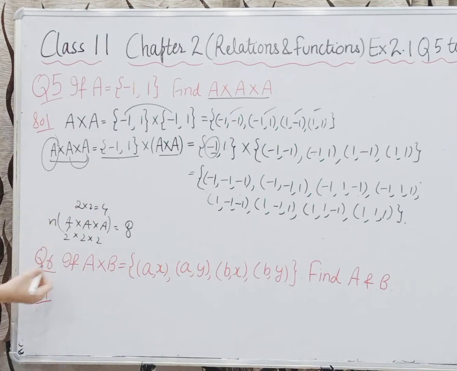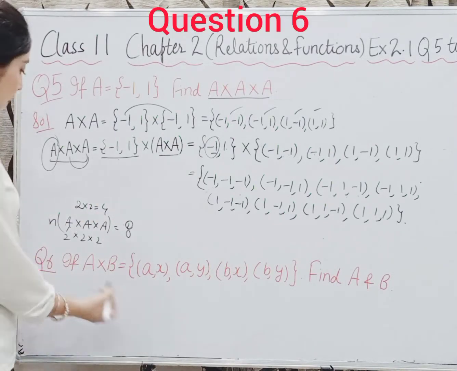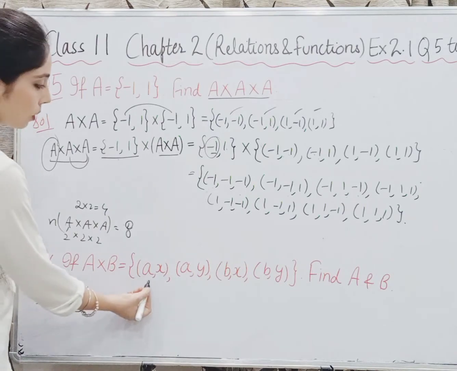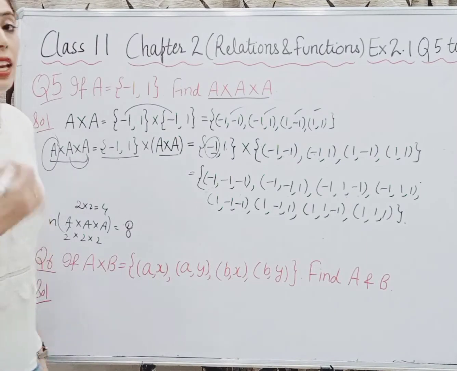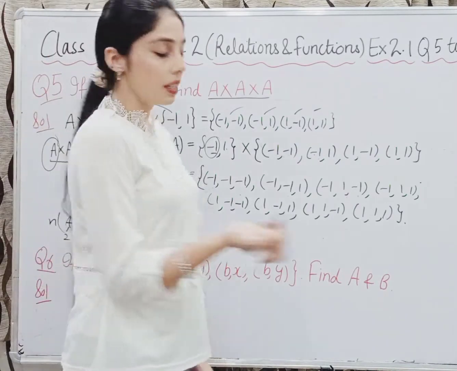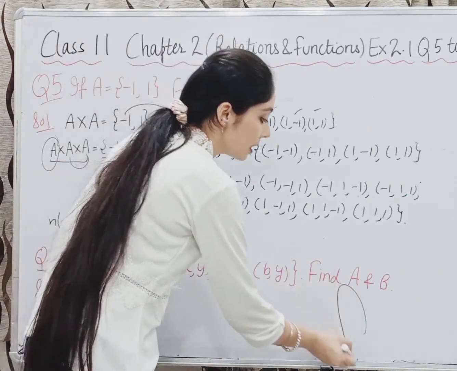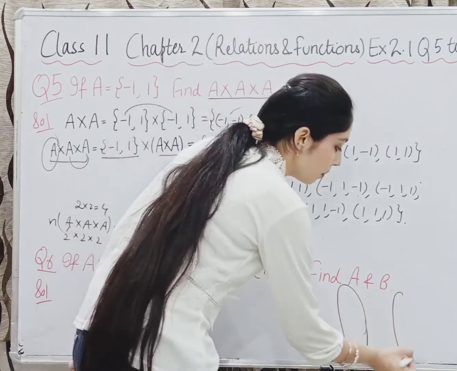Okay, now what about question number 6? If A cross B is equal to this, we have to find A and B. In the previous lecture we have already discussed how you can easily find the Cartesian product.